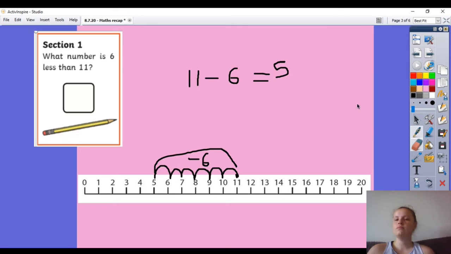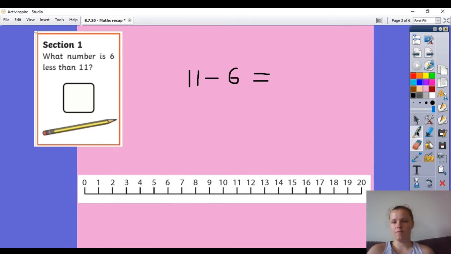Now, we could do this a different way, and I'm going to show you that way now. If we just look at 6 for a second, what numbers make 6? What are my number bonds to 6? Now, if the Year 2s are watching this, they should know this quickly. We've done a lot of work on this. What are my number bonds to 6?